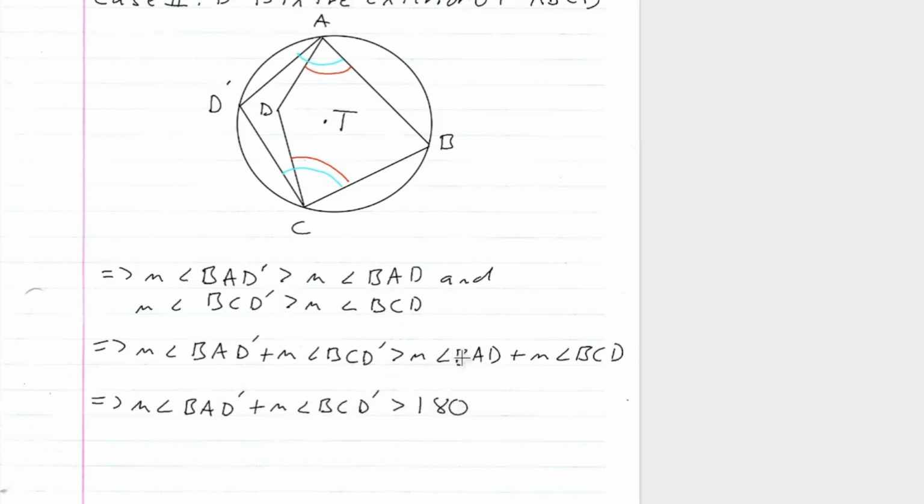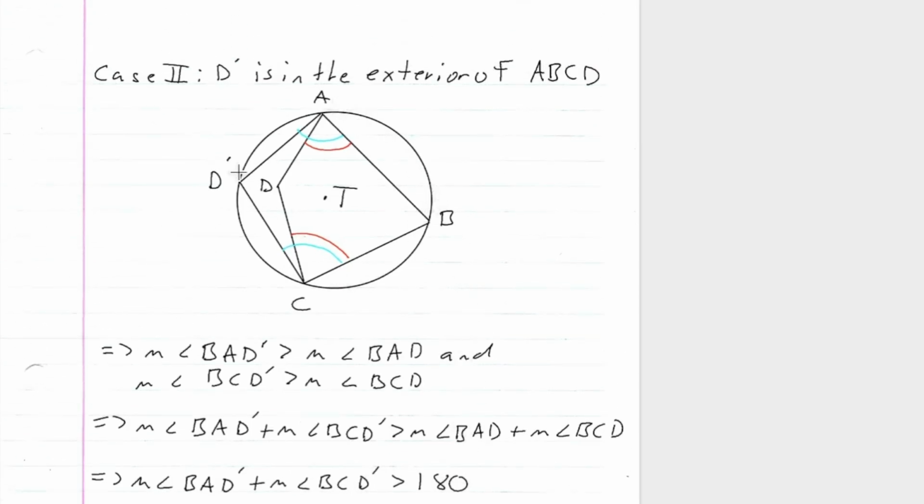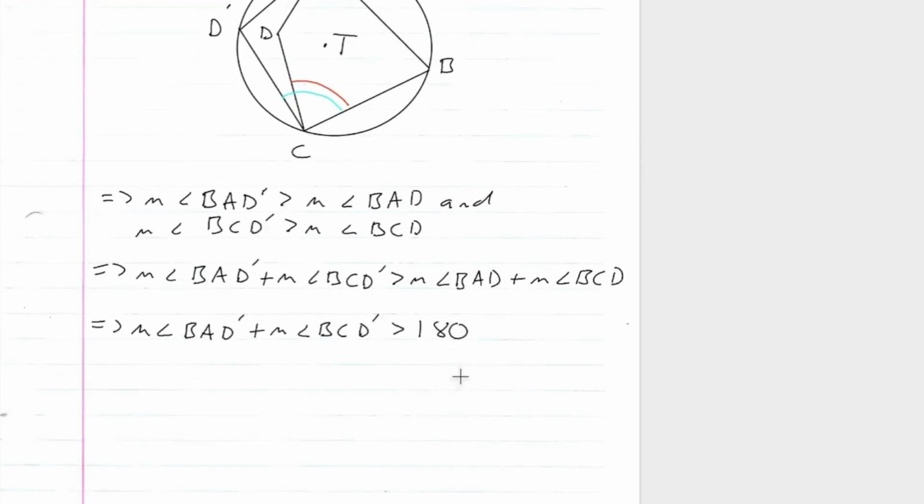But remember, if ABCD prime is cyclic, that means the sum of the opposite angles of ABCD prime is 180. They're not bigger than 180, right? So the measure of angle BAD prime plus the measure of angle BCD prime is equal to 180. Of course, we can't have both at the same time, so this is a contradiction.